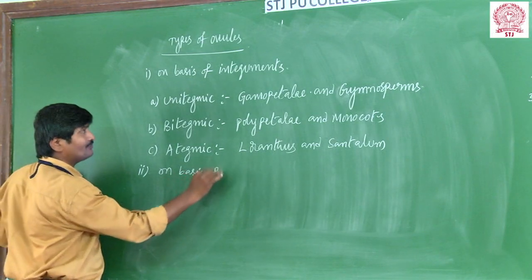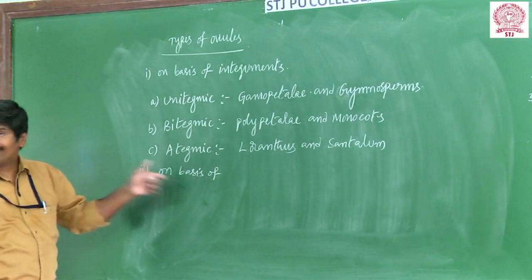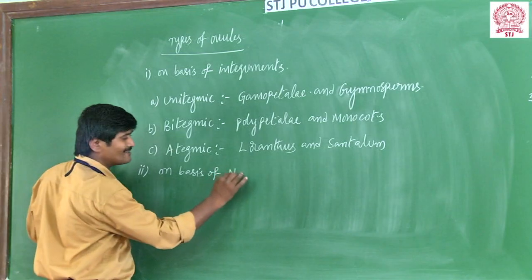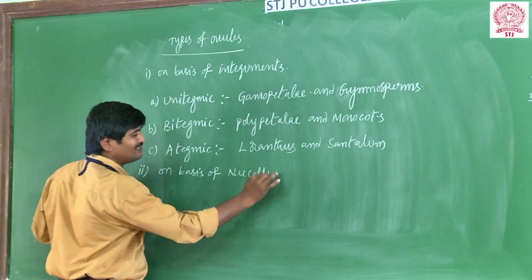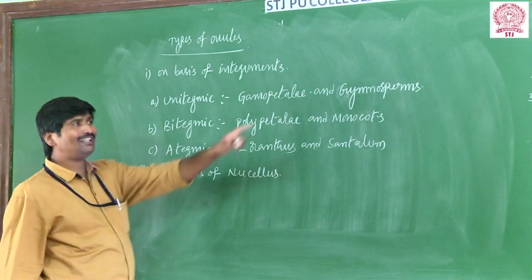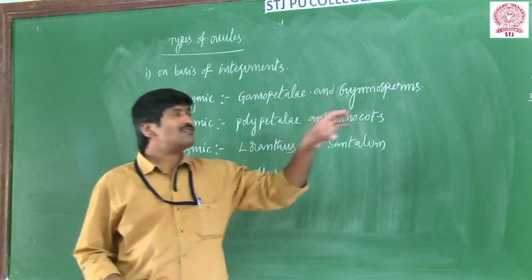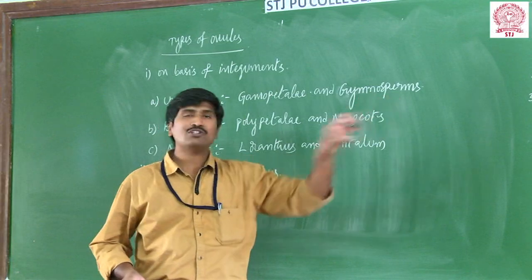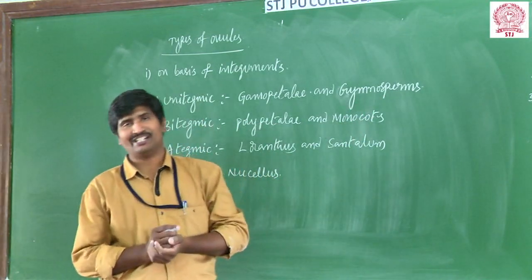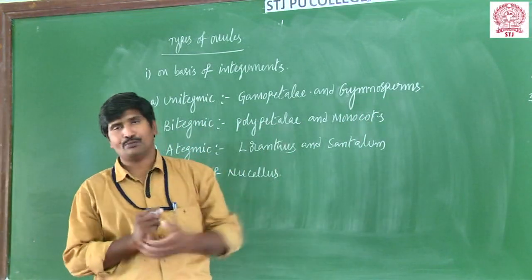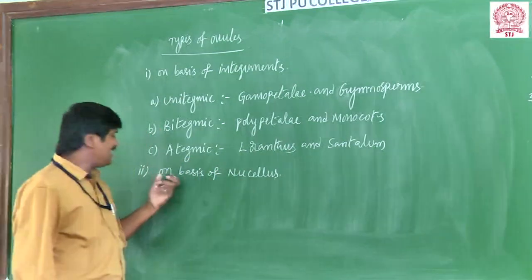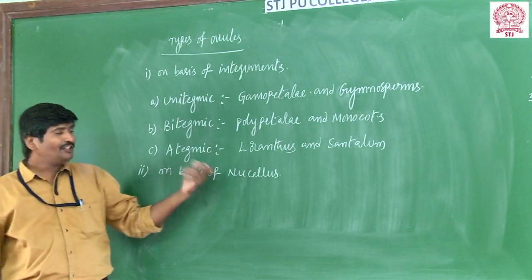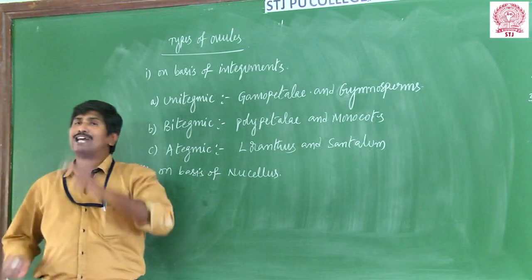On the basis of nucellus. What is nucellus? The nucellus is the mass of parenchymal tissue. It is located in the central portion of the Megasporangium. It is nutrient tissue. Based on the nucellus, there are 2 types of ovules.